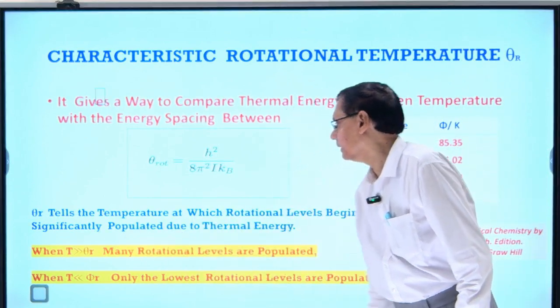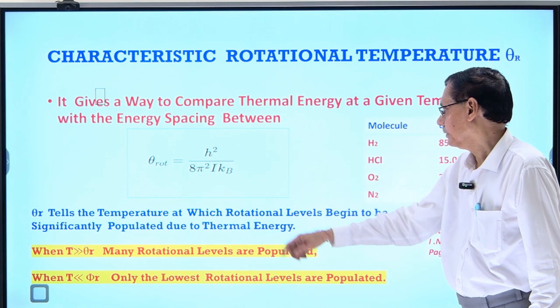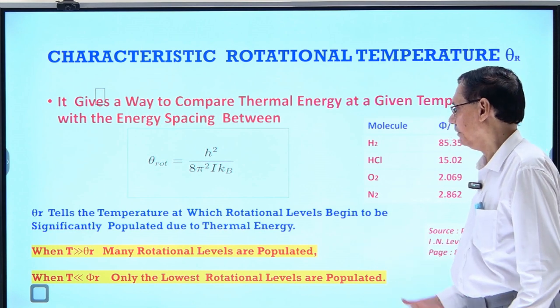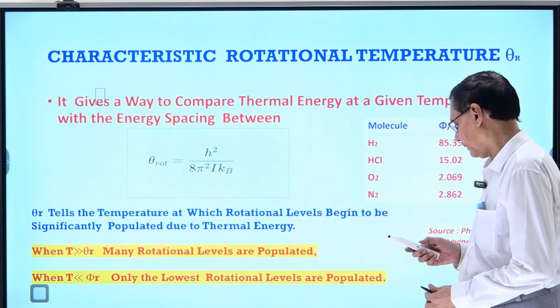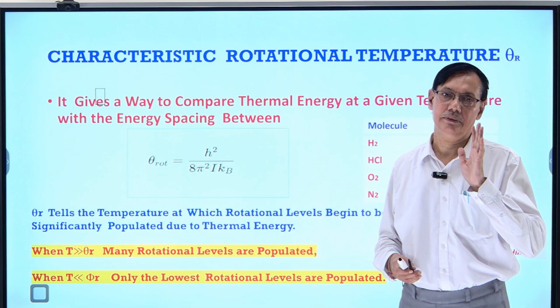When T is greater than the characteristic rotational temperature, many rotational levels are populated. But in the reverse case, only the lowest rotational levels are populated. So, now I will start the derivation.